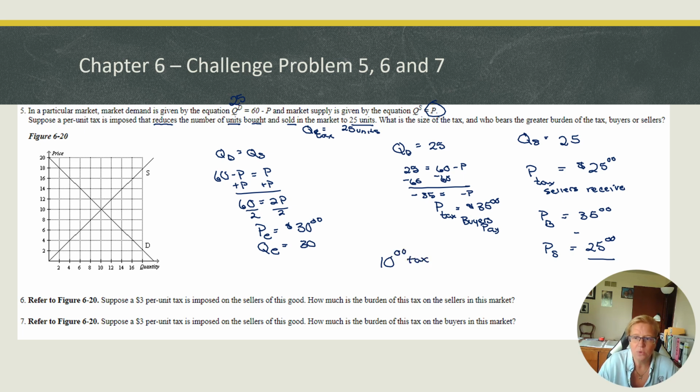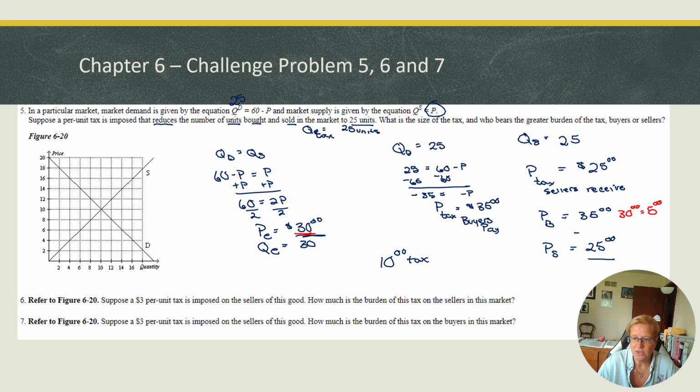They also want to know who bears the greater burden of the tax. Well, here I'm going to go back to price equilibrium. Prior to the tax we were at 30, and now buyers are paying 35, so I'm going to subtract price equilibrium. So buyers are paying $5 of the tax.